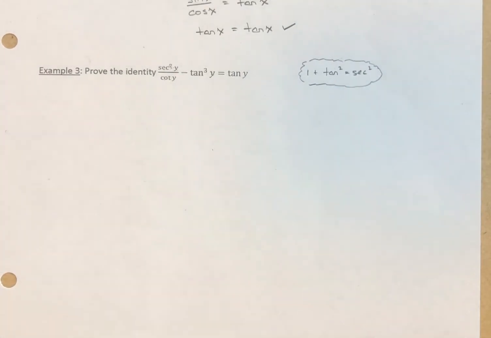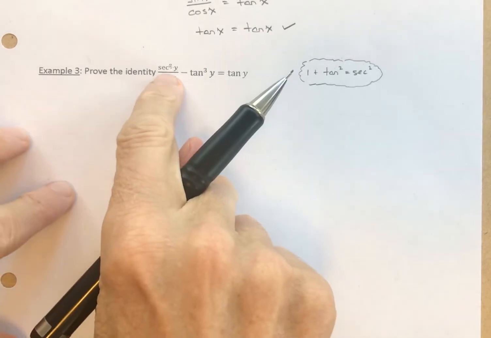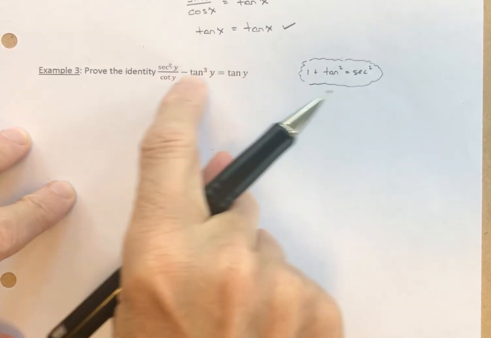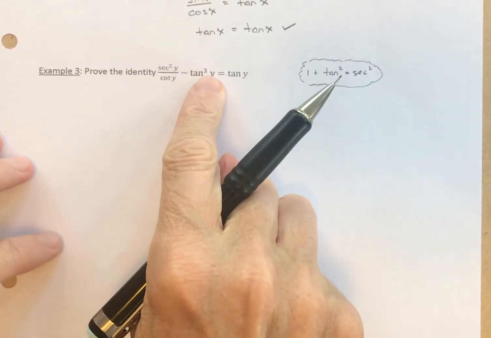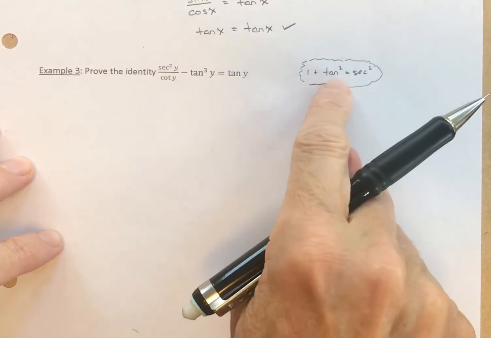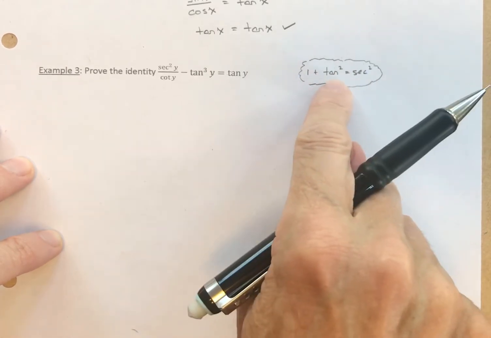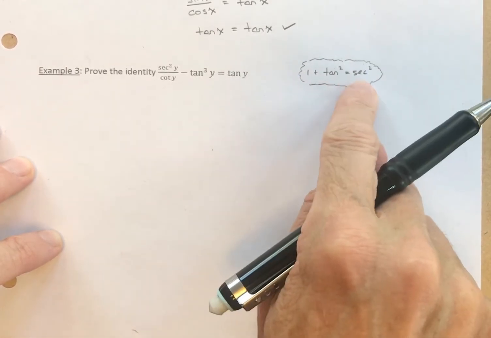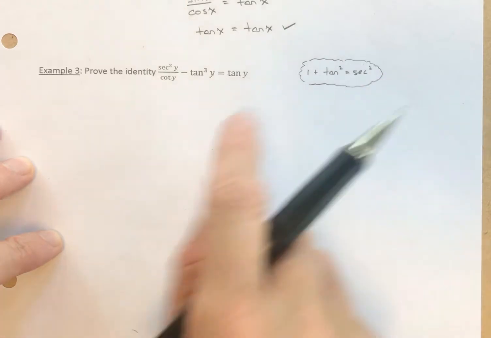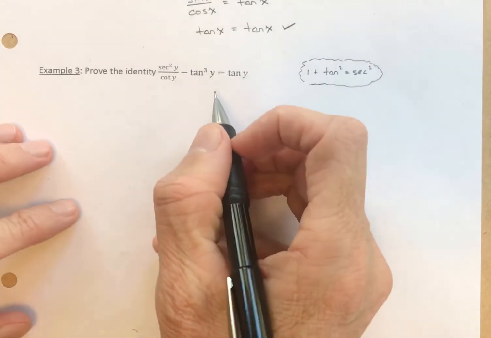I've got that in my head because I see secants and tangents, and I see powers of them. So I'm thinking, can I get to a place where I substitute one for the other? Well, let's take a look.